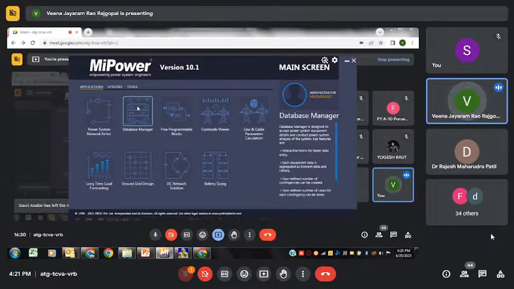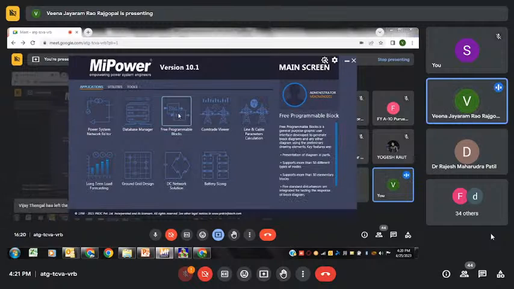Next is the database manager, where the actual data resides, all the power system related network data. Next is the free programmable blocks, that is, the control blocks. Basically, you can create various transfer functions or control blocks. For example, if you want to model a different kind of AVR, governor, SVC, or transformer load control, those models can be done.